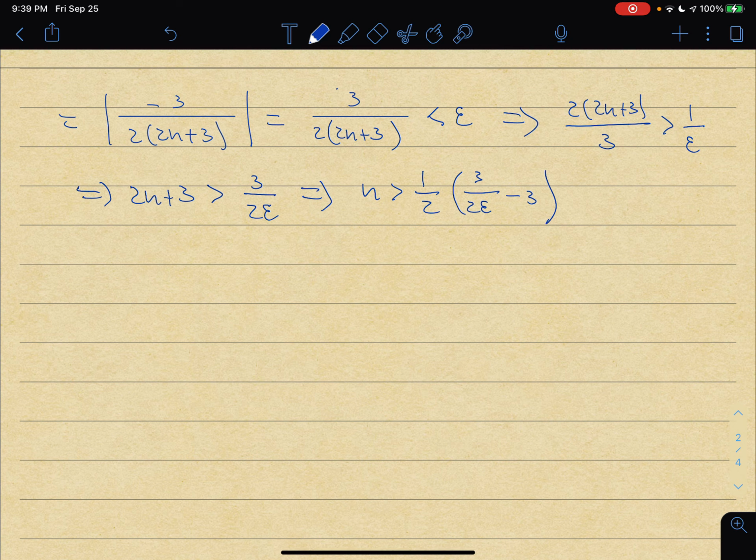No matter what epsilon is, how small it is, this will be a large positive number, so all of this is a large positive number in terms of epsilon, so I can make that equal to capital N.